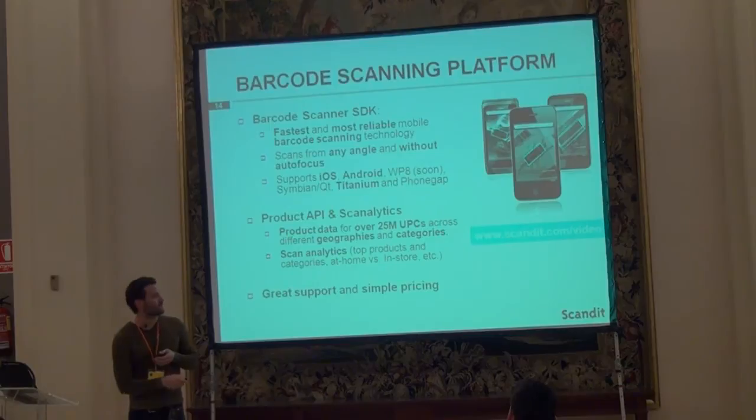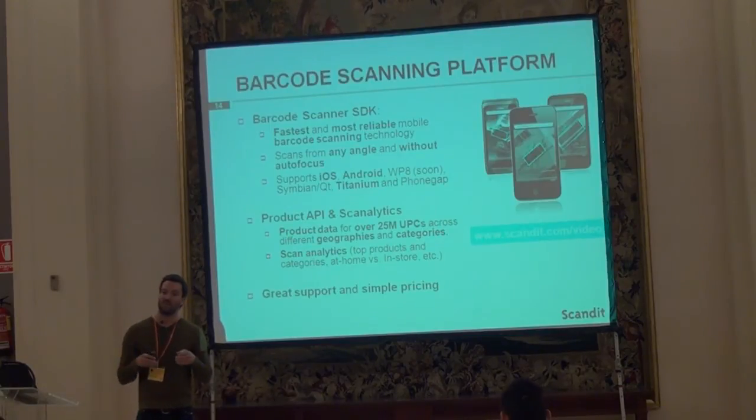And we also offer something that we call Scanalytics that provides you as a developer real-time insights into what people are scanning, what products are most popular with your users, what product categories they look up most, where scans happen, if that's in a retail store or in a particular residential area, etc.